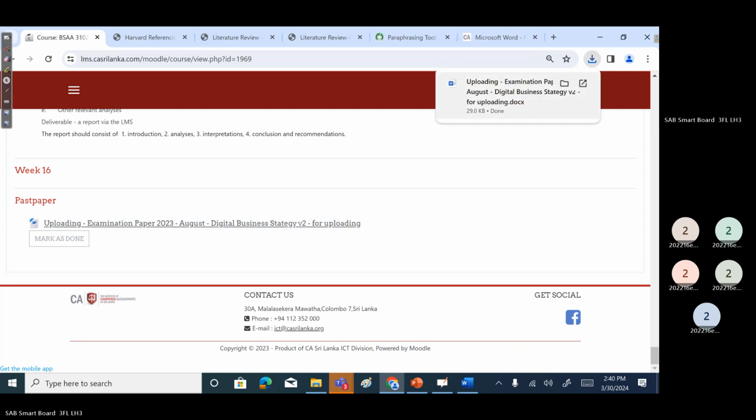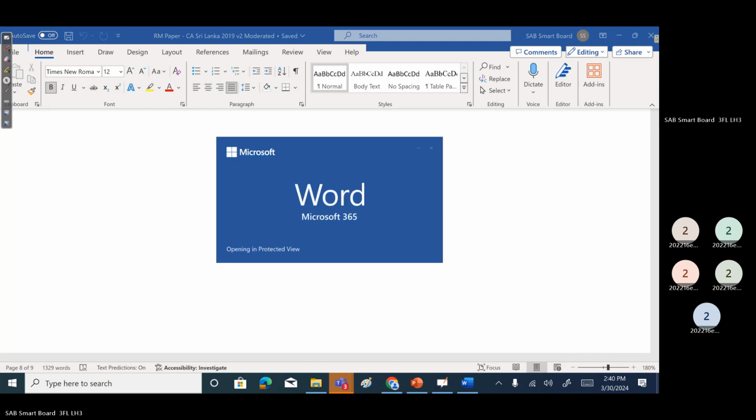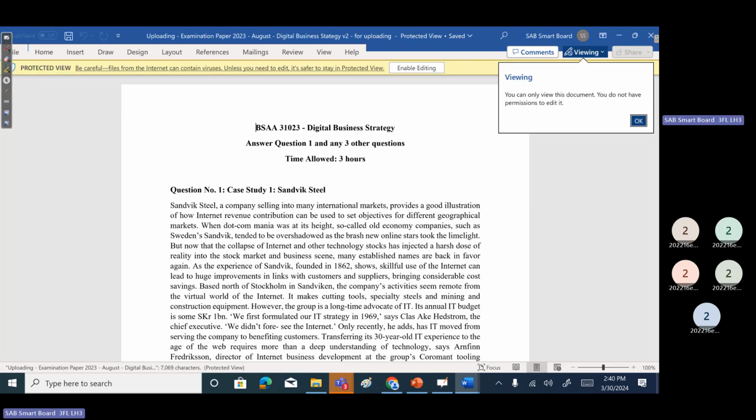Downloading. Now the same structure will be there for you as well.